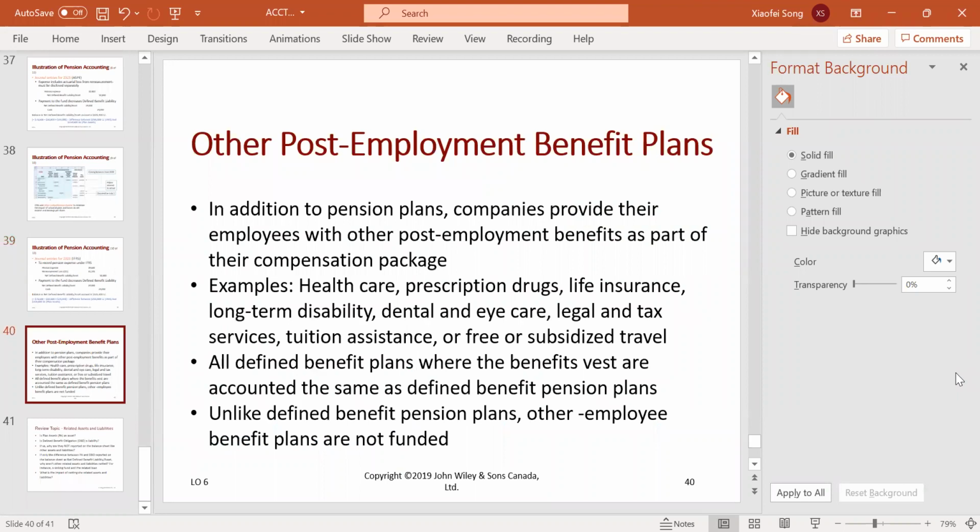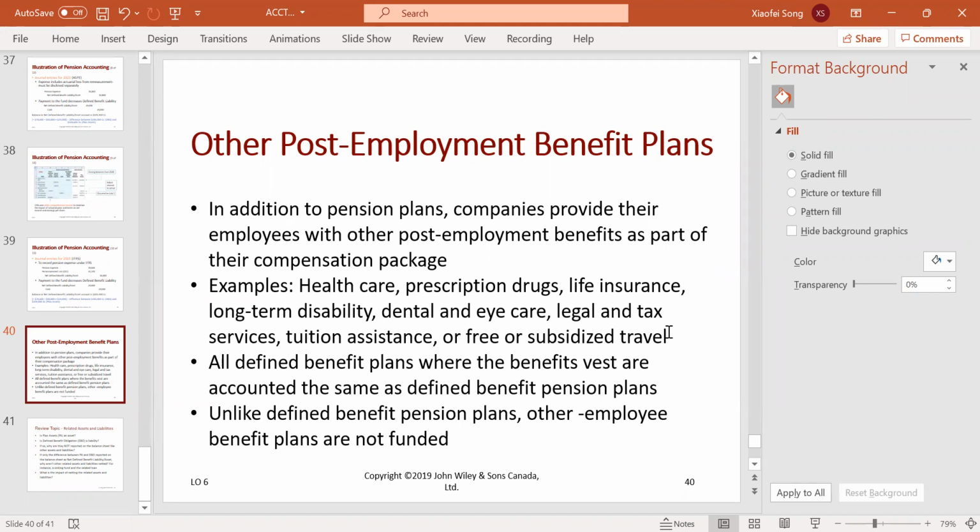A couple more things. Other post-employment benefit plans. We focus on the pension, but that's not the only thing, right? In addition to pension plans, companies can provide their employees with other post-employment benefits, such as healthcare, prescription drugs, life insurance, long-term disability, dental and eye care, and so on.